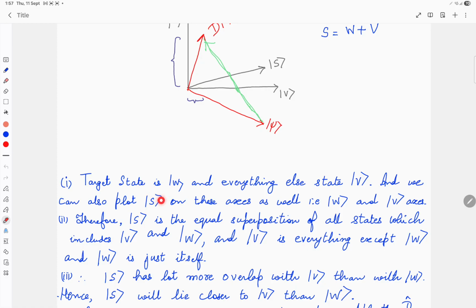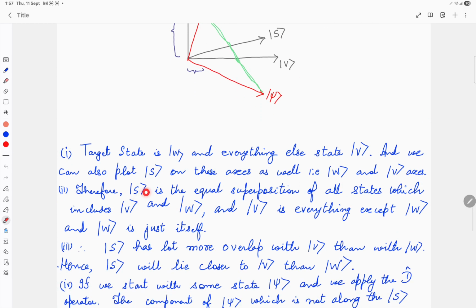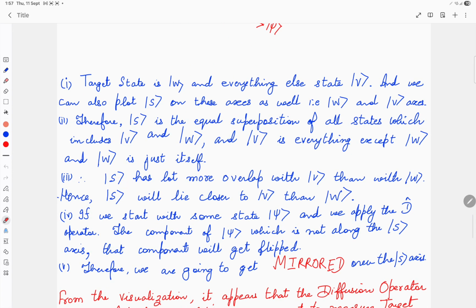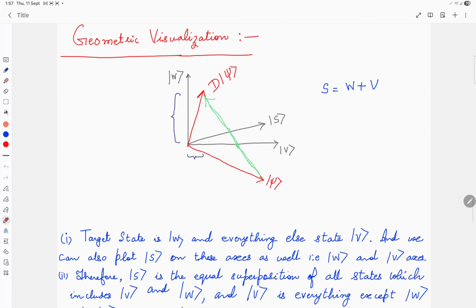And we can also plot ket S on these axes, that is the ket W and ket V axes. As I have just discussed, ket S is the equal superposition of all the states, which includes ket V and ket W. Now ket S has a lot more overlap with V than W. So that is why ket S is closer towards V, because ket W is the target state, but ket V is the combination of all other states.